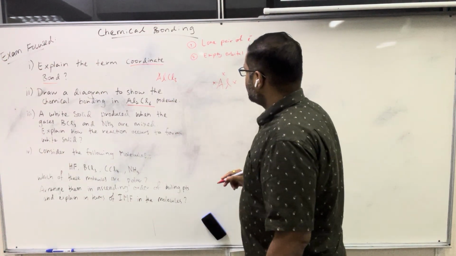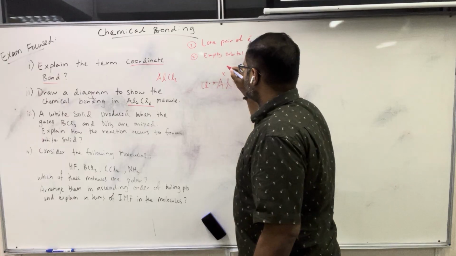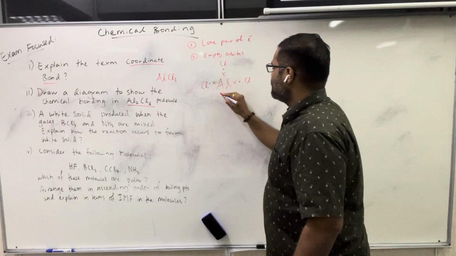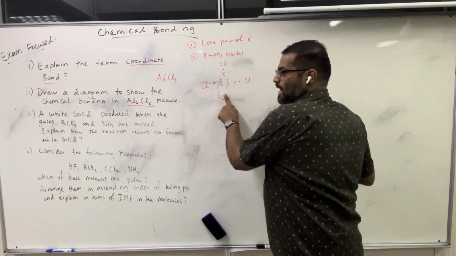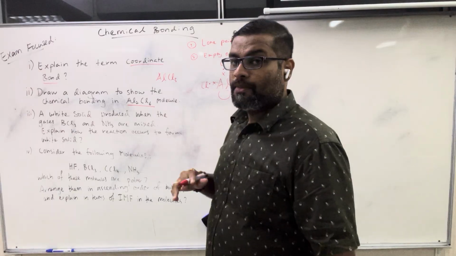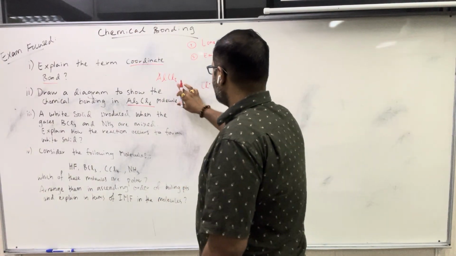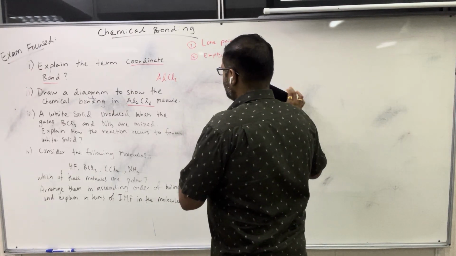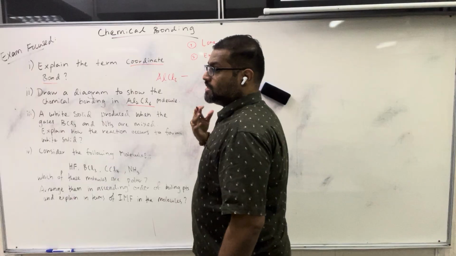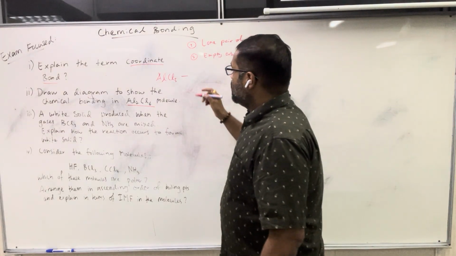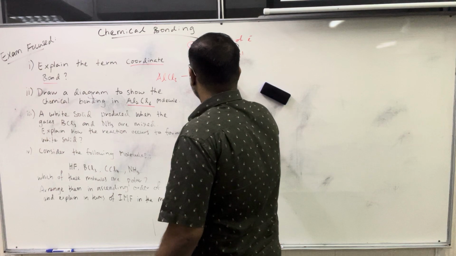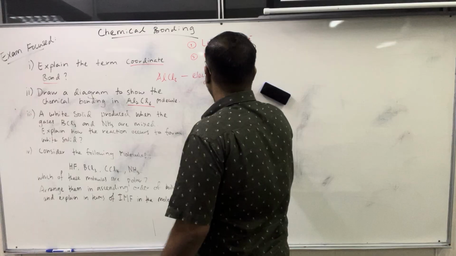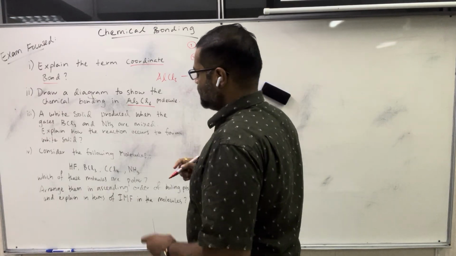Each chlorine contributes 1 electron, and we can still see there are 2 more electrons which need to be filled up to become octet. So aluminium trichloride is an electron deficient compound which needs further electrons to achieve octet configuration.